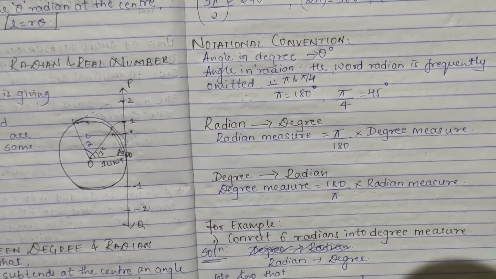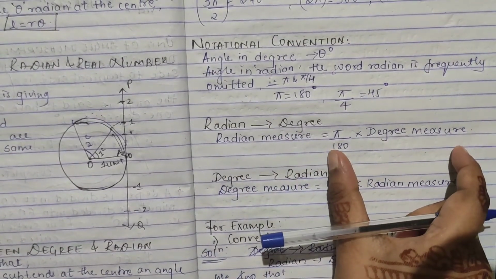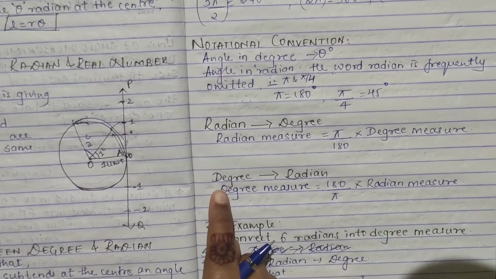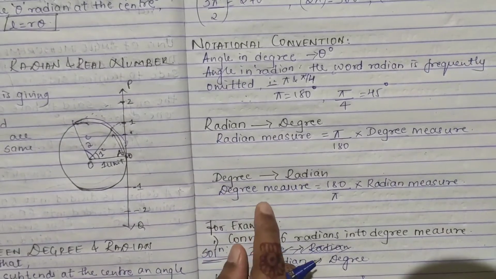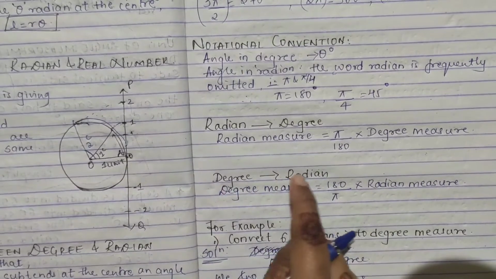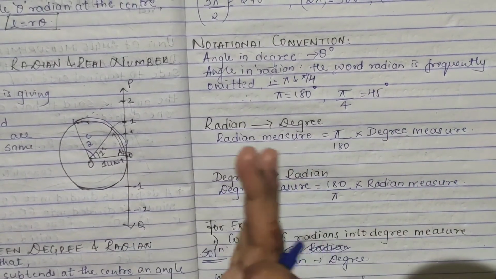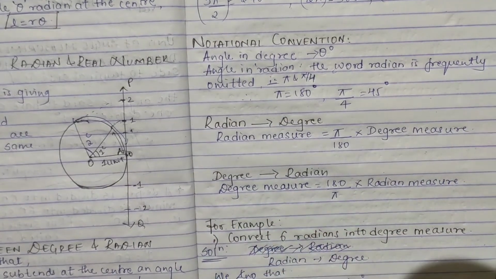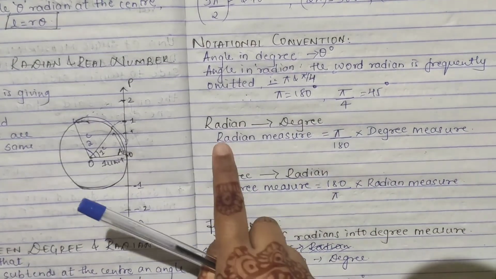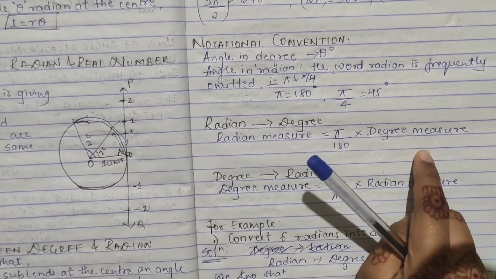So if you have to find radian measure, then you should write pi by 180 into degree measure, whichever they have given. If they are asking you to find degree measure, that means convert radian into degree, then keep the given radian here, and whatever you are finding, keep on the other side. So for degree measure you should do 180 by pi into radian measure. For radian measure you have to do pi by 180 into degree measure.